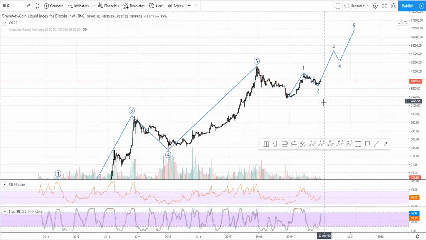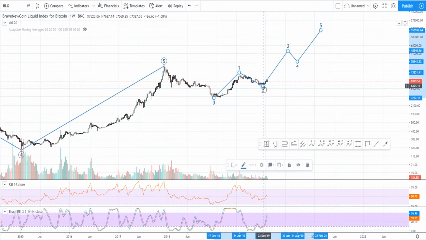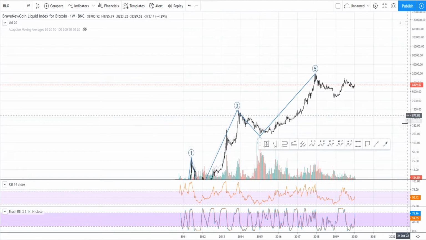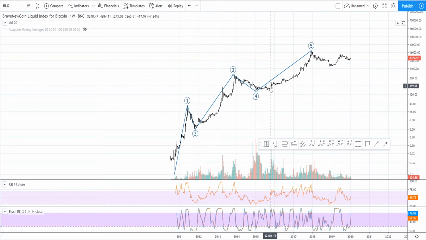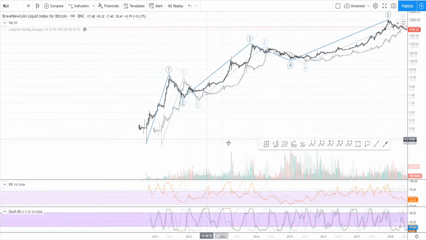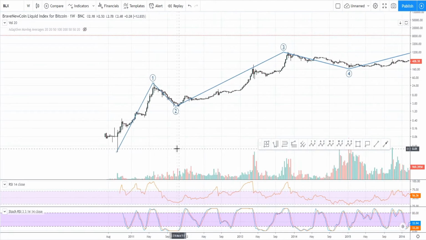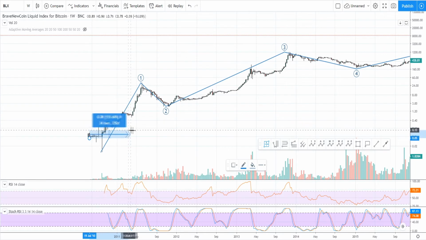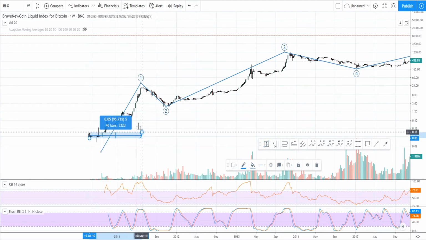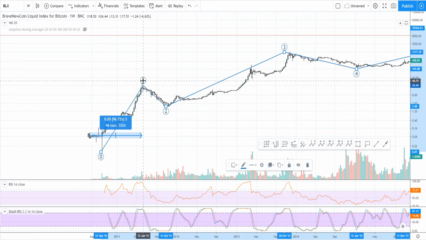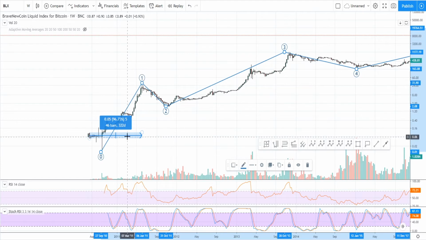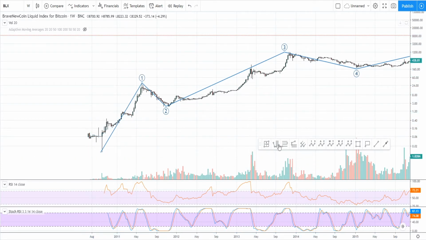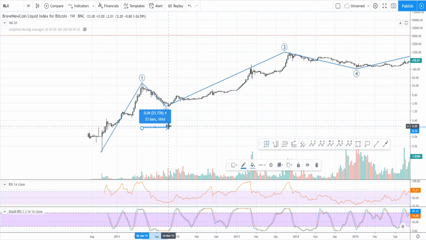One thing why I don't really like this is because if you look at the time it took for these corrections compared to the impulse, usually we see it takes around half the time. So let me try to show you that. If you look right here, this wave 1 impulse took around 322 days, and if I then look at how long it took for this wave 2, it's around 160.